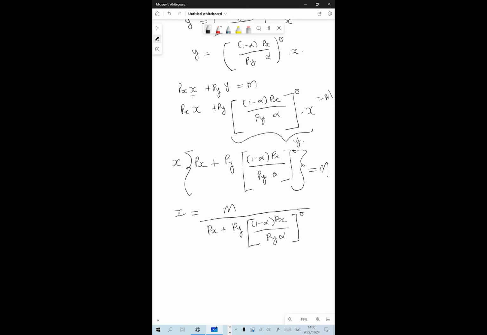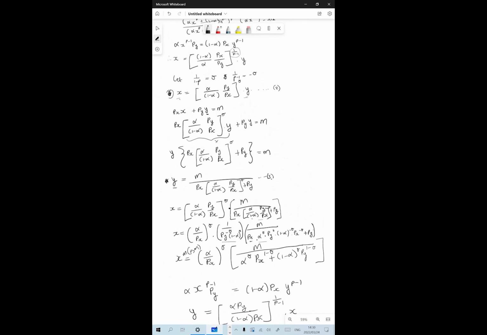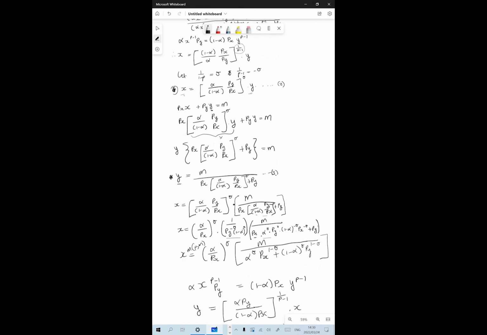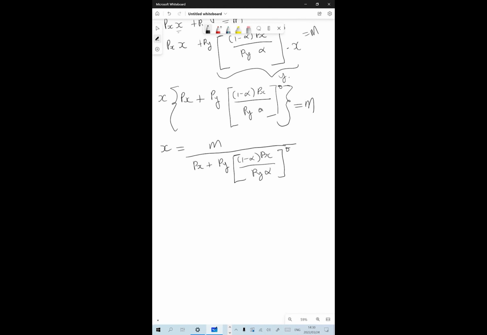So this is our x. I think when we were numbering our equations, we had 3 and 4. This was 2, this was 3. Okay, so this we can call 4. This is our equation 4.